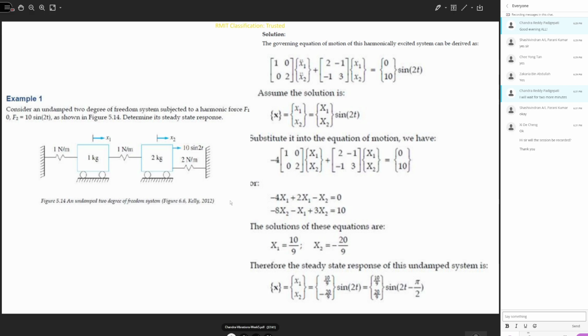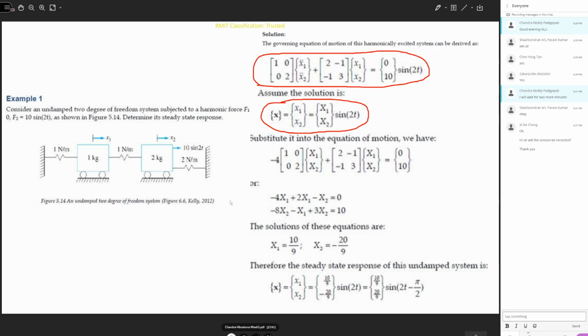So for a forced, damp-free vibration, for the given system, the equations of motion. Then we can assume the solution in this format: x1, x2 are the amplitudes, sine omega t. Omega is of course 2 here.